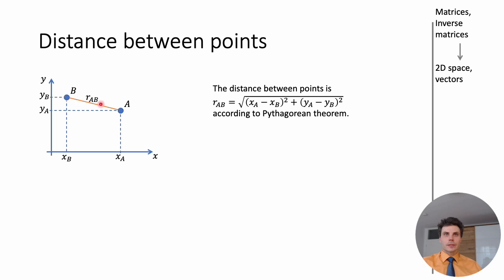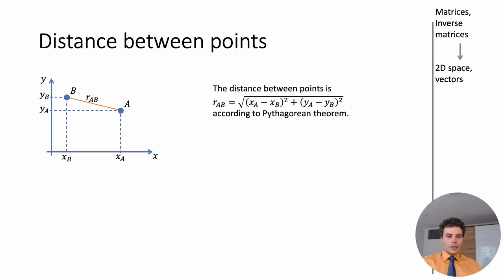So the distance between the 2 points here is denoted as r sub AB, or alternatively it can be the length of the vector A minus the vector B in this case.